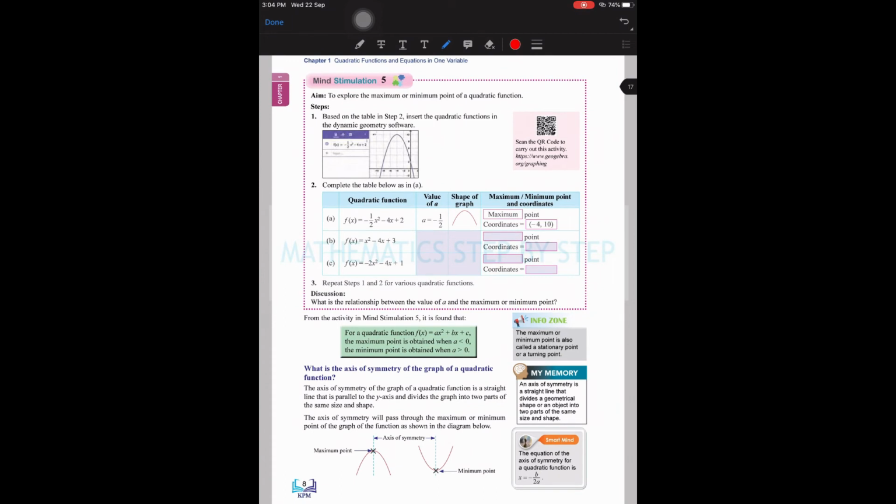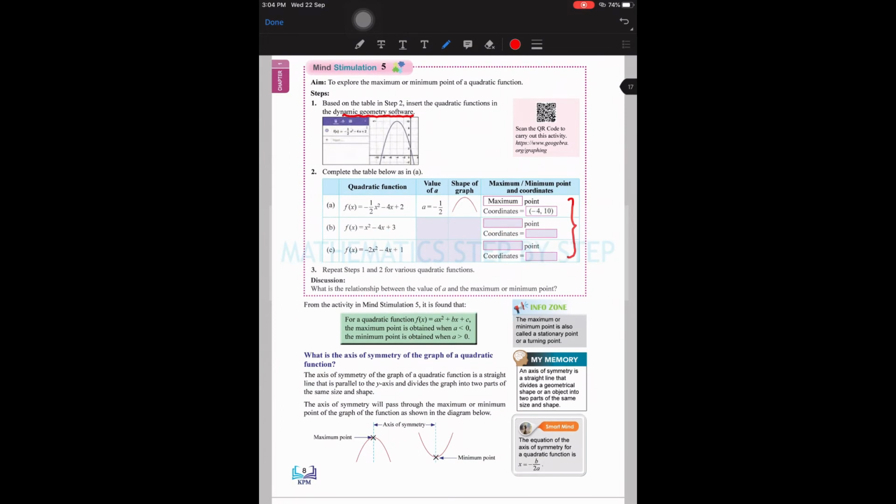So, Mind Stimulation 5. This you guys will do at home also by using the dynamic geometry software. From the graph shown in the software, you will be able to fill in all this information.